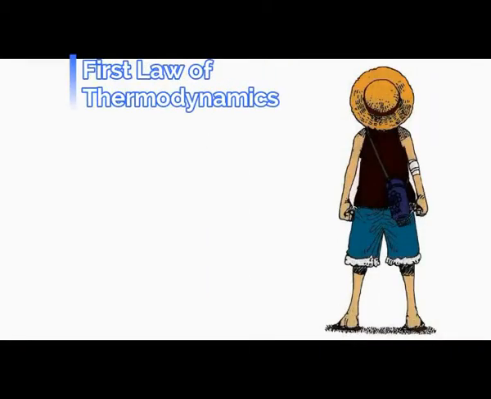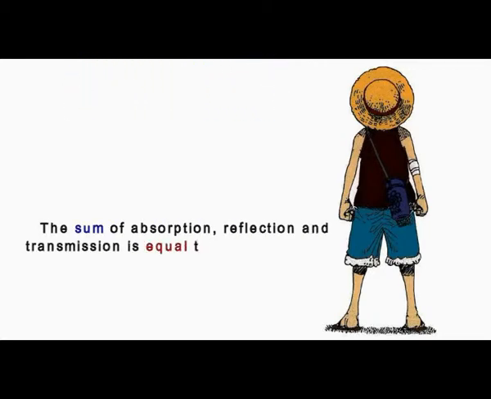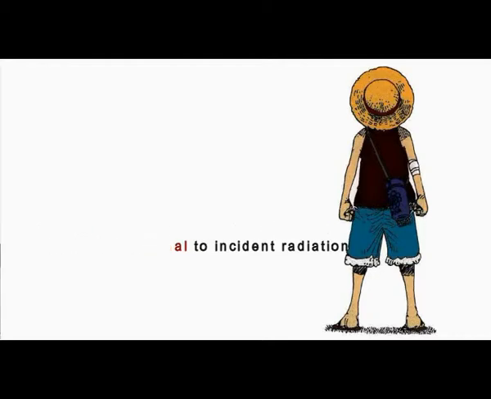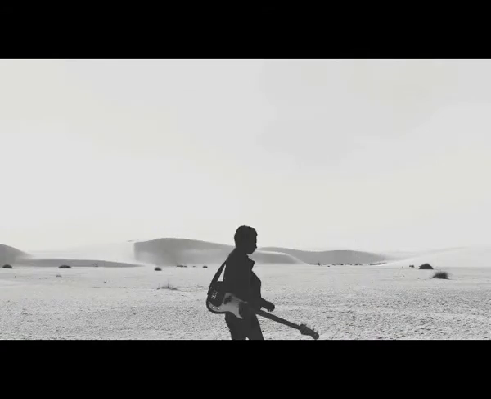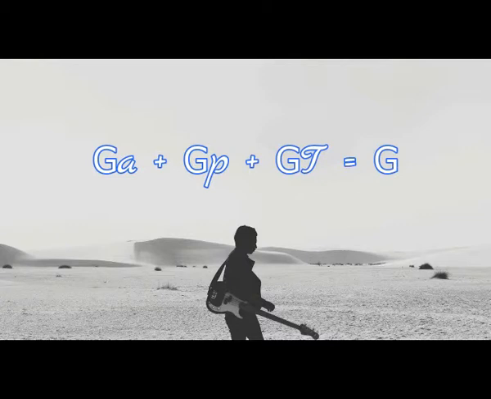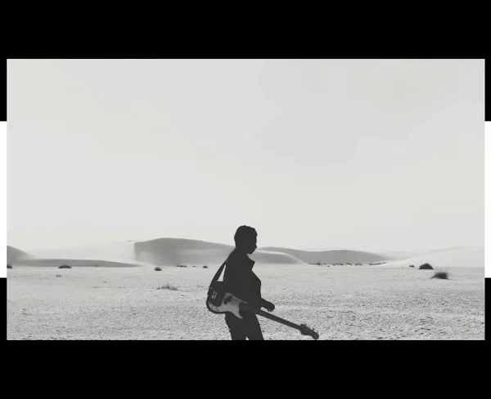According to the first law of thermodynamics, the sum of absorbed, reflected and transmitted radiation is equal to incident radiation. This can be denoted by G absorption plus G reflection plus G transmission, which is equal to G incident.